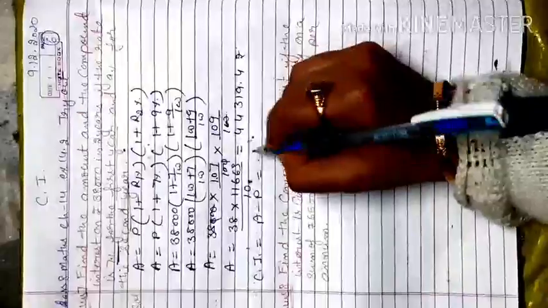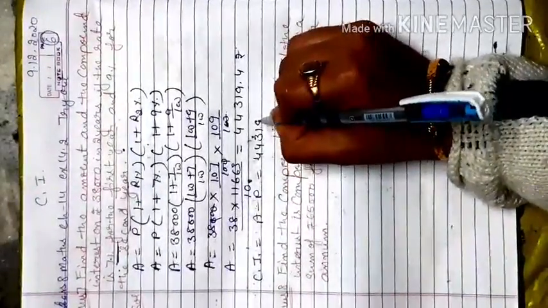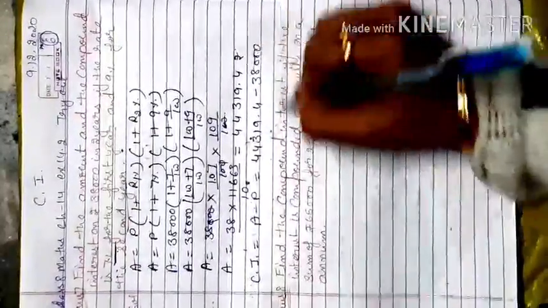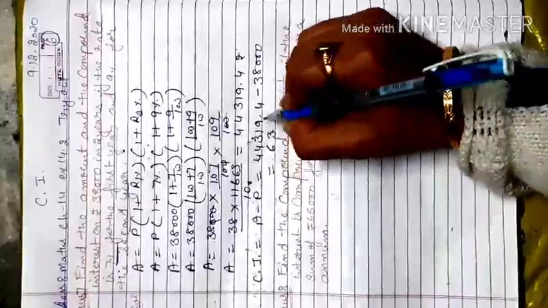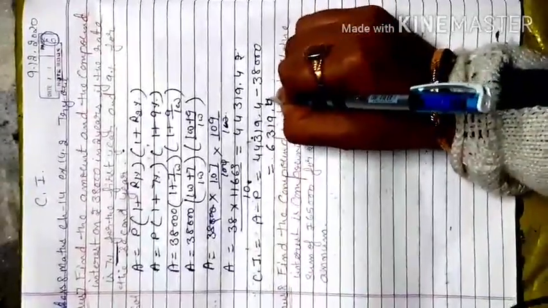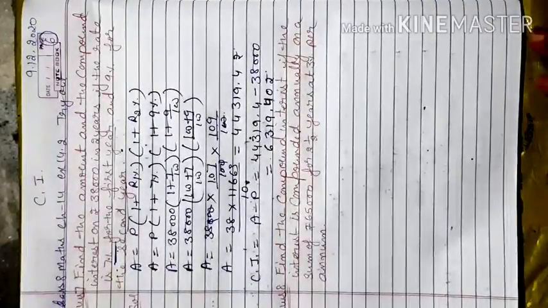Amount minus principal is 44,319.4 minus 38,000. That was the principal. So here my required answer is 6,319.40 rupees is my required compound interest.